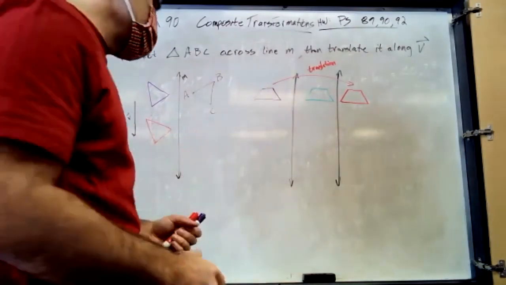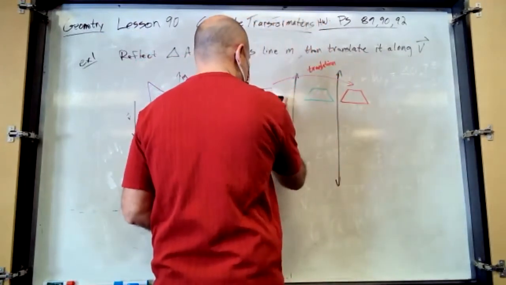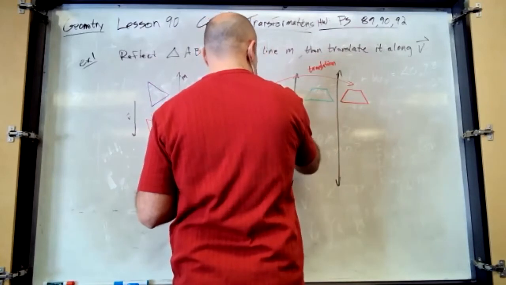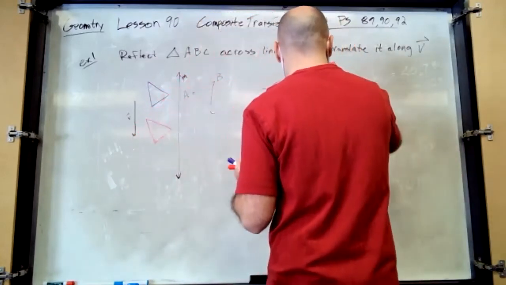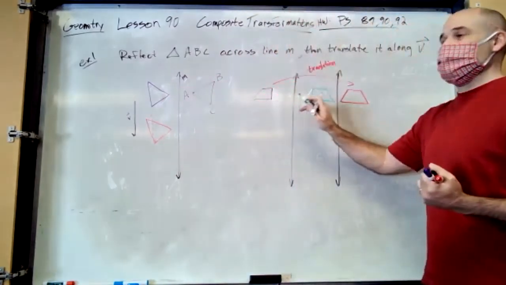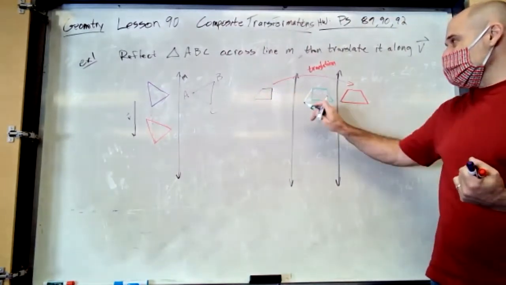Now, another interesting thing is I could have drawn this trapezoid a little differently and drawn it like this. And that would have made this the opposite orientation. And right now that is not a translation, right? Because that's the opposite direction.